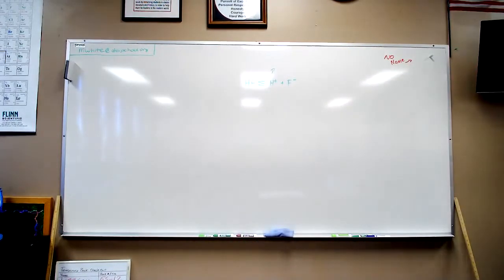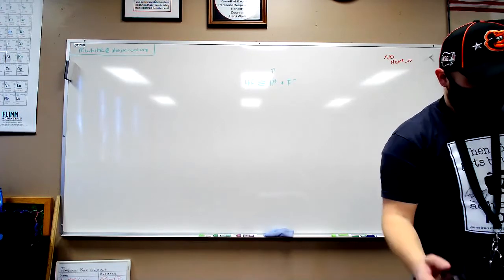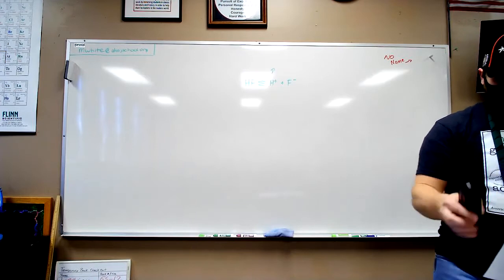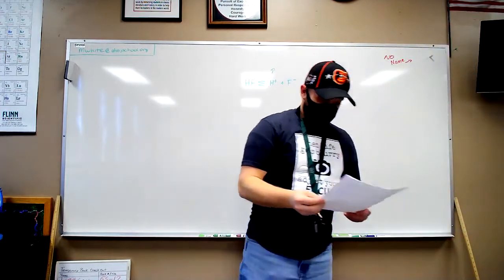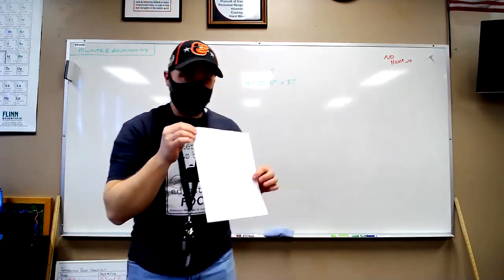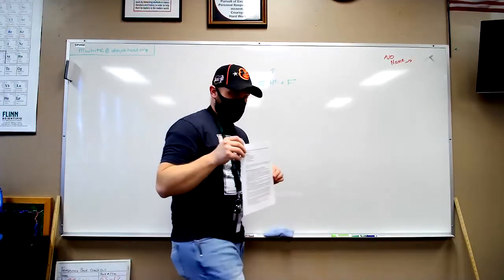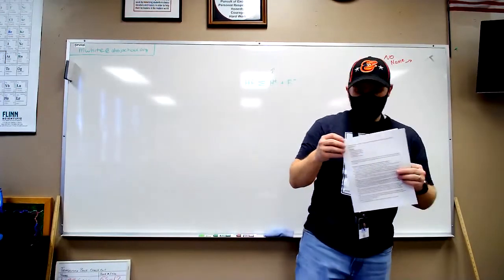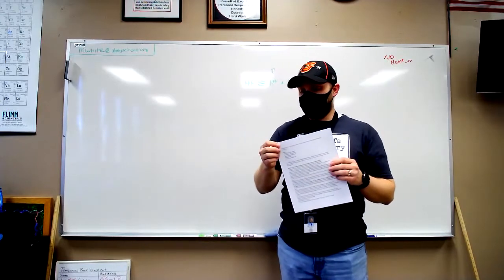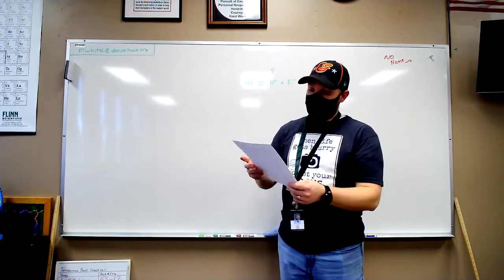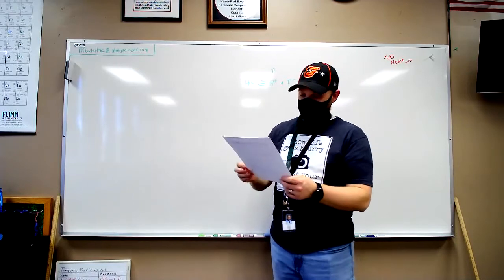So now, before we finish up, I do have the lab procedure. These are all of the instructions for the lab. We're going to actually do the lab next time. We'll go down to the lab and we'll actually start using chemicals and equipment.